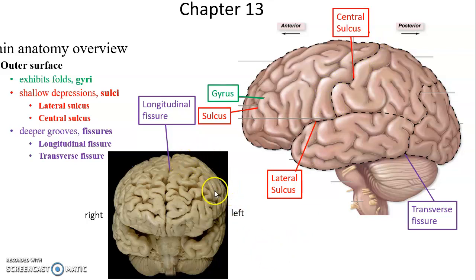So you can't really see it on this image. Then there is a second fissure that is important. This is the transverse fissure. And the transverse fissure is the space between the cerebrum and the cerebellum. The transverse fissure is in the back between the cerebrum and the cerebellum.